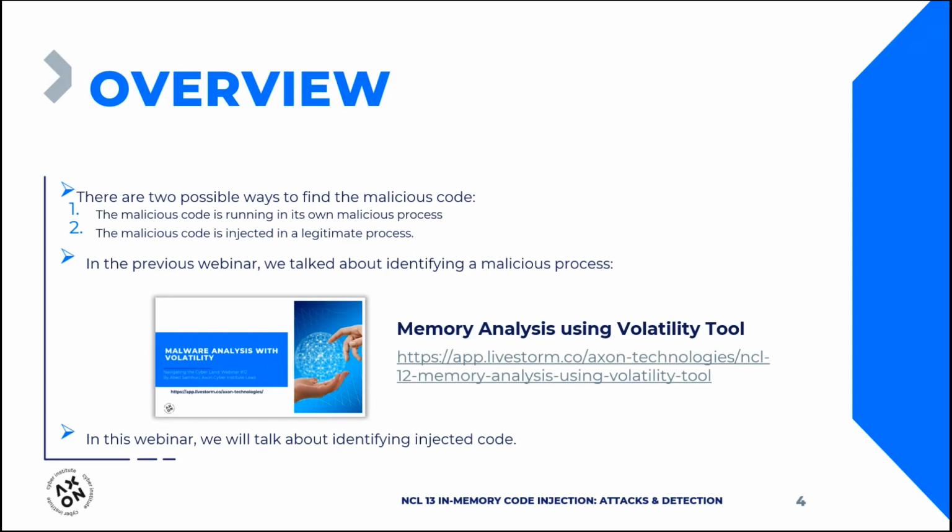However, to evade that, attackers sometimes inject the malicious code inside a legitimate process. You look at all processes and do not find anything suspicious, yet there is a malware running inside a legitimate process. This is where code injection comes in, and this is the very topic of today's webinar.